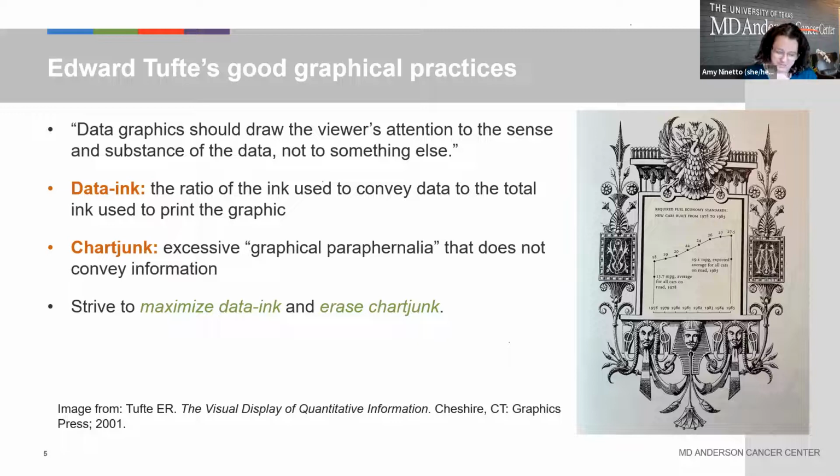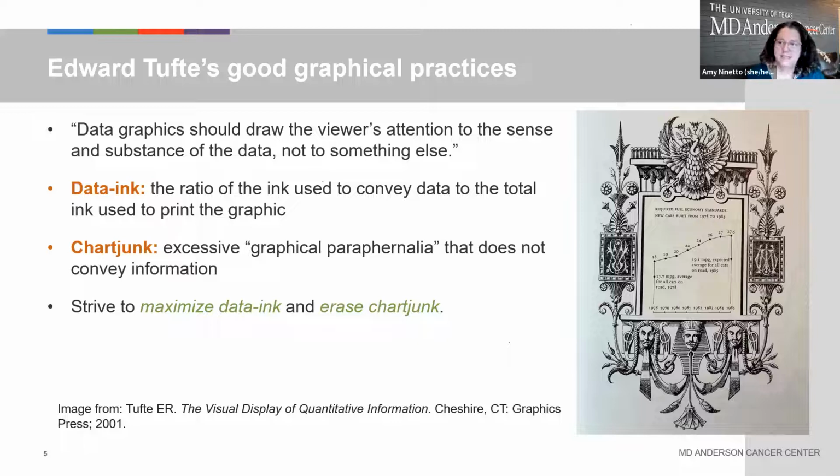So two principles that he talks about are the ideas of data ink and chartjunk. So by data ink, he means, and think of ink as not just ink, but like virtual ink, the ratio of the ink used to convey data to the total ink used to print the graphic.